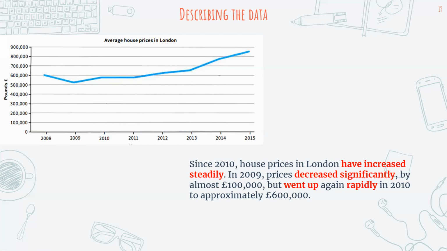So this is a big decrease. So prices decreased significantly, but went up again rapidly in 2010. So I'm describing the data, because I said the house prices in London have increased steadily.